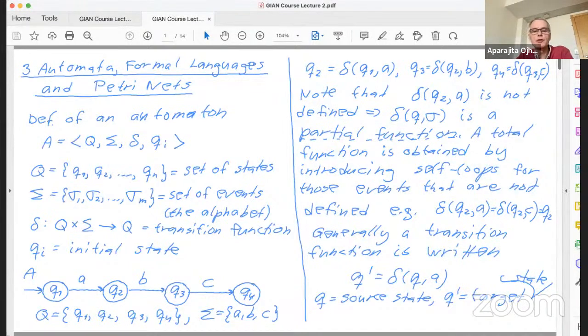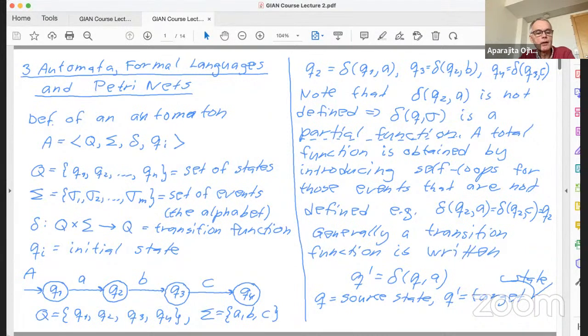If you would like to get a total function, which is quite common in the literature, then you have to introduce self loops on the events that don't generate any transition to other states. So for instance, you could have a self loop here in state Q2, including A and C. So the events A and C means that you just stay in Q2.